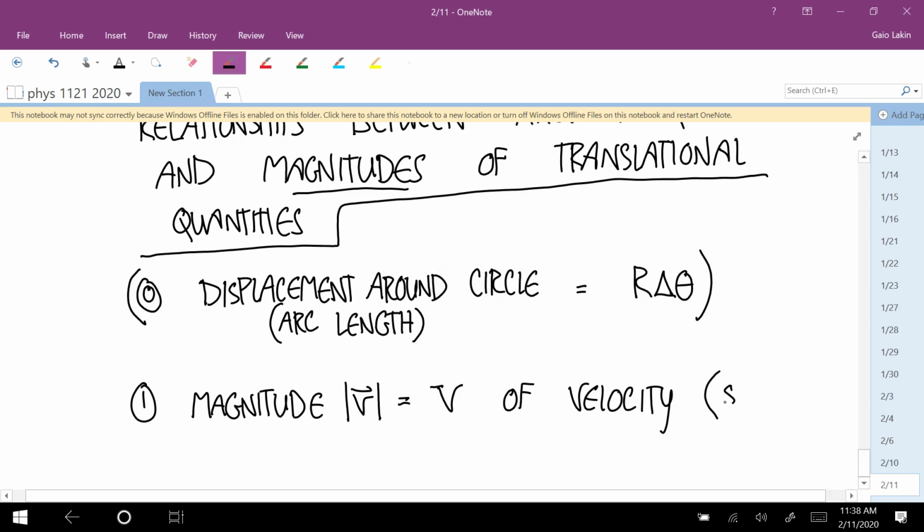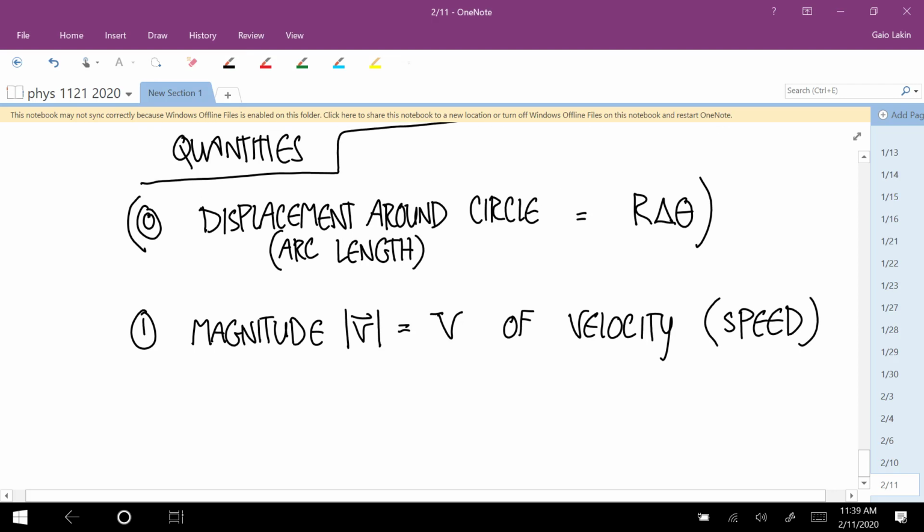Speed, yep. And so V, capital V, or the magnitude of the velocity, those mean the same thing. And it's equal to the radius of the circle times the absolute value of the angular velocity.